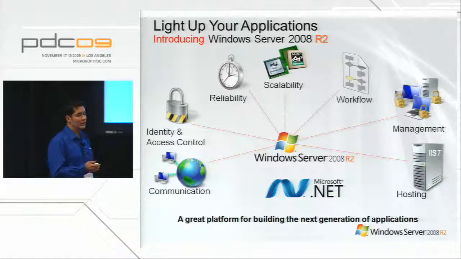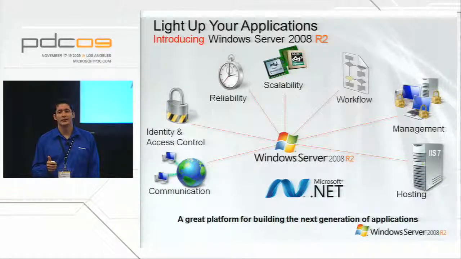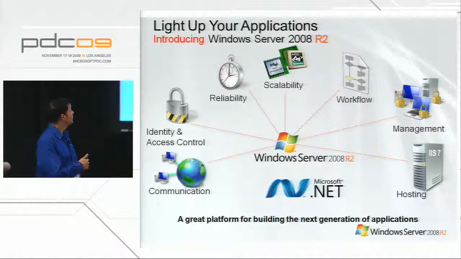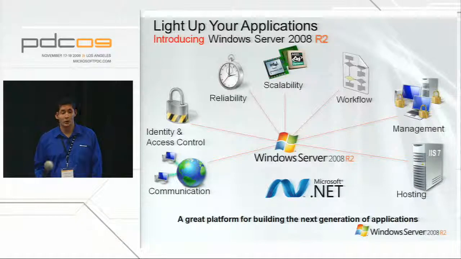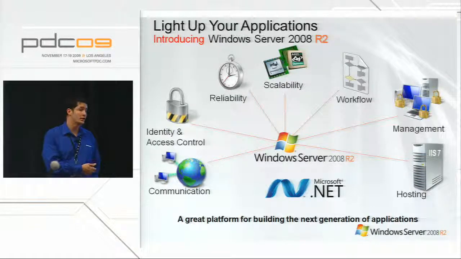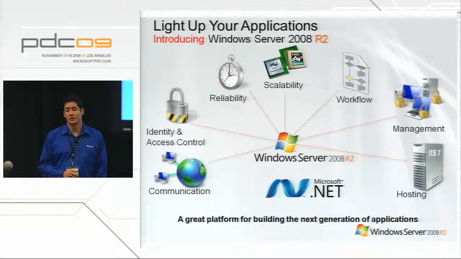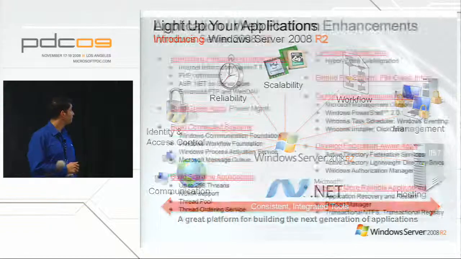It's actually the best class enterprise application server in the market. And if you see, starting from scalability of support up to 256 threads to management of live migration, this is definitely a great platform for you to develop your next generation of applications on the Windows Server platform.